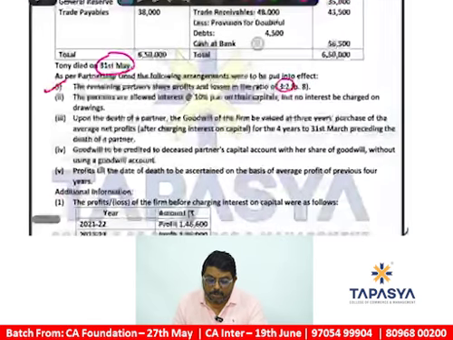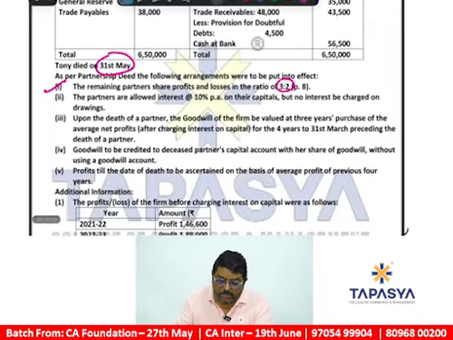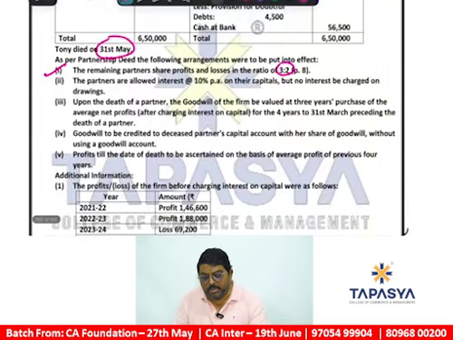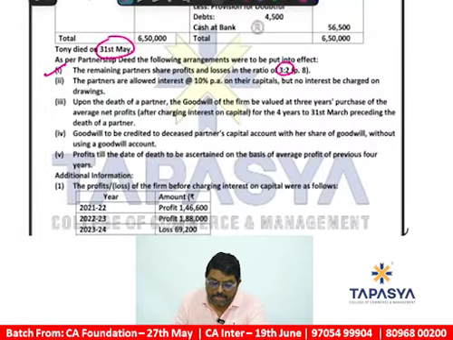Next. The partners are allowed interest on capital at the rate of 10%, but no interest is to be charged on drawings. Upon the death of a partner, the goodwill of the firm is valued at 3 years purchase of the average profits. Here you have to calculate the firm's goodwill. For that you are given the last 4 years profits, and you have to go for average profits. Simply add the 4 years and divide by 4, the average will come.